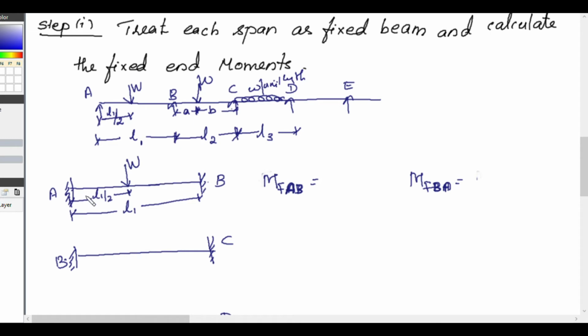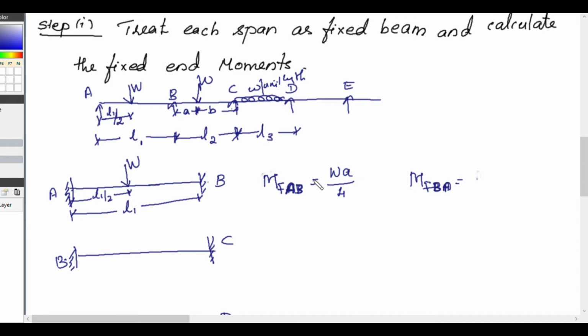Okay. So now how will you calculate the fixed end moment? If the concentrated load is at the center, your fixed moment will be equal to W A by 4. Sorry, this A is equal to L1 by 2.